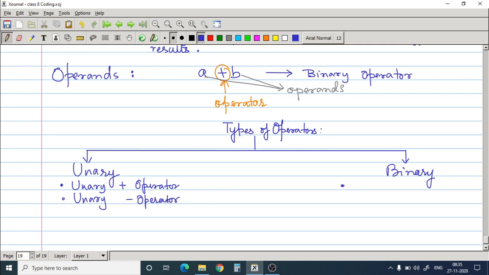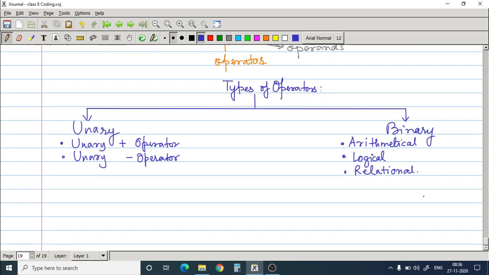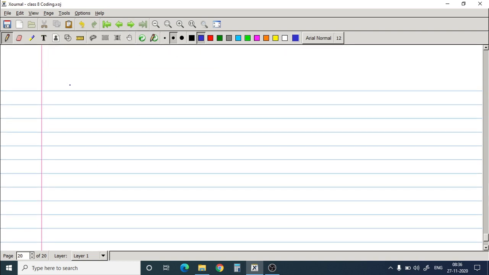And in binary operators, you have arithmetic operators, logical operators, and relational operators. Okay, so let us start with the unary operators.